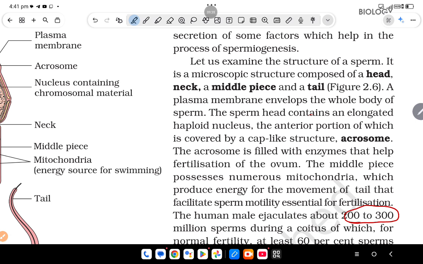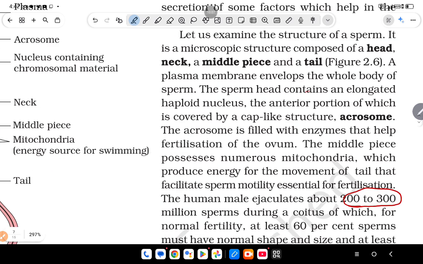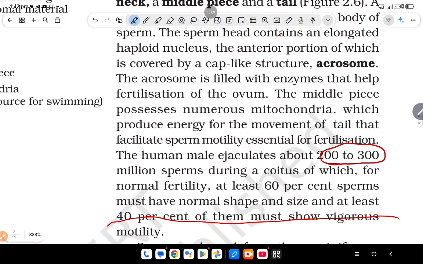Acrosome has three enzymes, first hyaluronidase, to remove the hyaluronic acid, and others to remove the corona radiata and zona pellucida. The middle piece possesses numerous mitochondria which produce the energy for the tail that facilitates sperm motility, essential for fertilization.